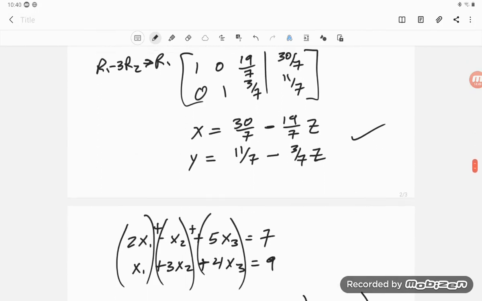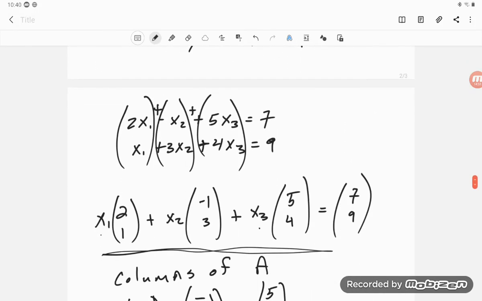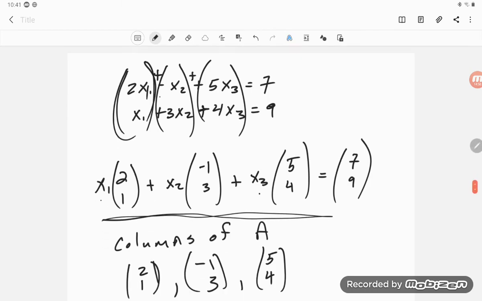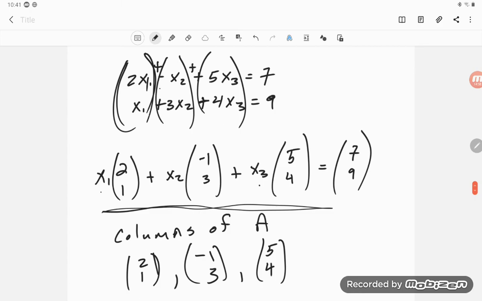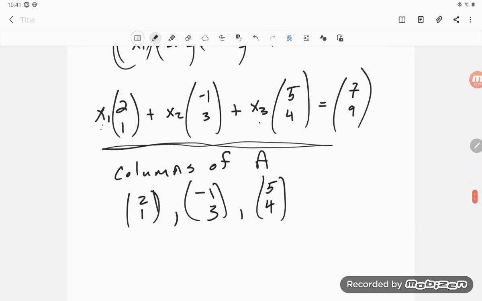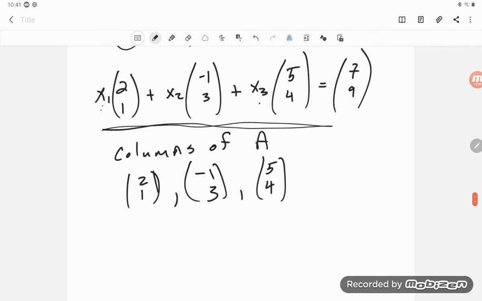And then another way to view it is that we kind of think of it in these columns, and we could rewrite this thing as x1 times the vector 2, 1, and so forth. So this is what we call a linear combination. Anytime I add, okay, that's the combination part, and keeping it linear, I'm simply multiplying by some constants.